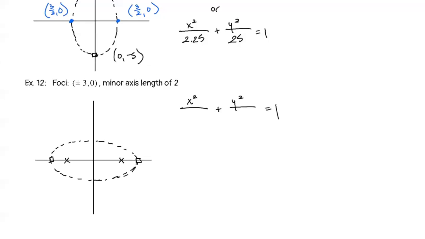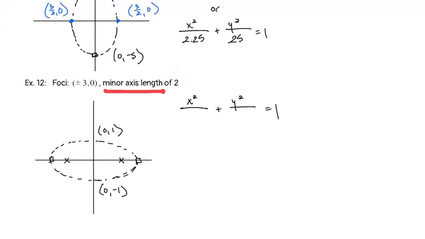All right, what does this minor axis length tell us? It tells us the co-vertices are plus and minus 1 on the y-axis. Good. It might be so tempting to say plus or minus 2, right? I could totally see someone thinking, oh, it's plus or minus 2.